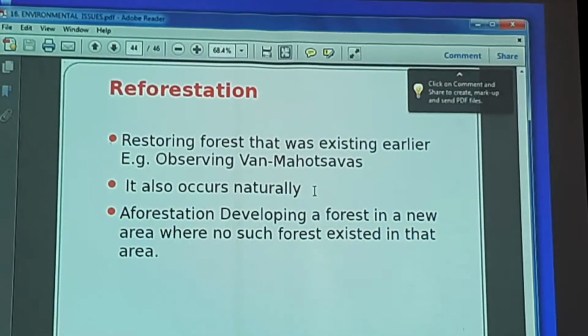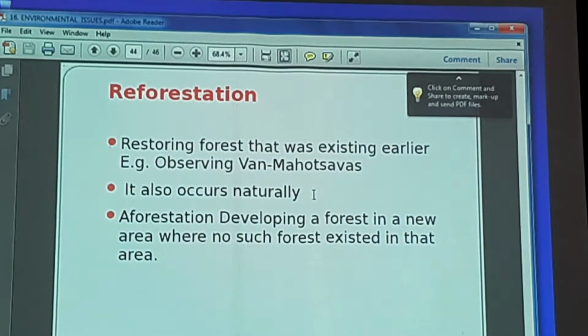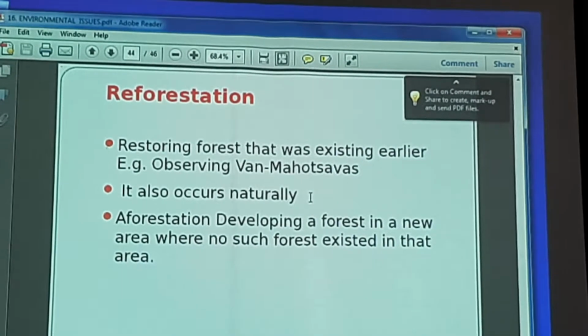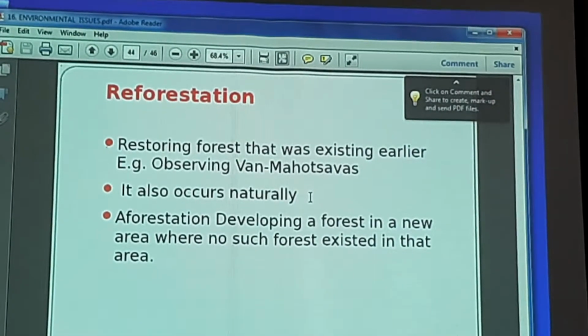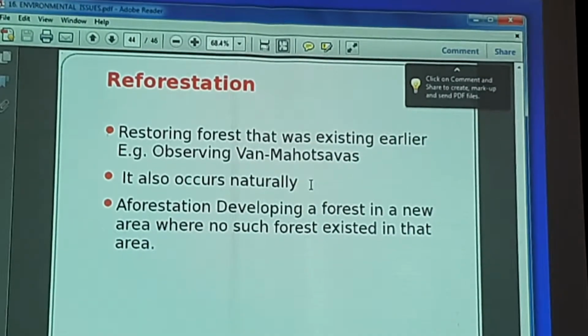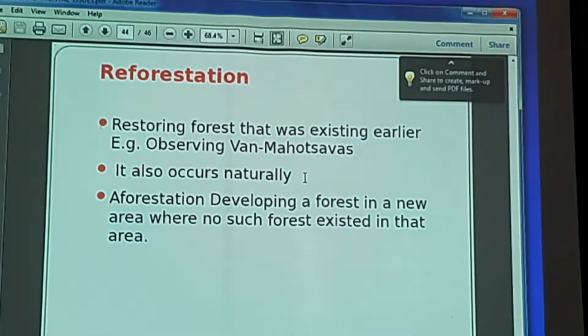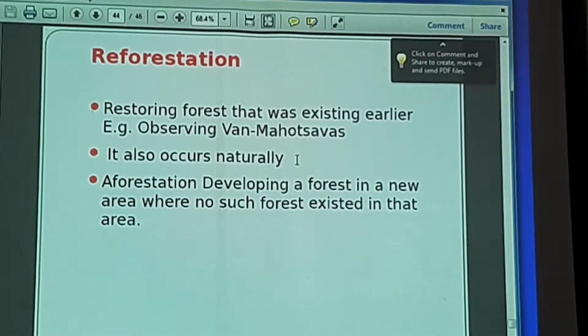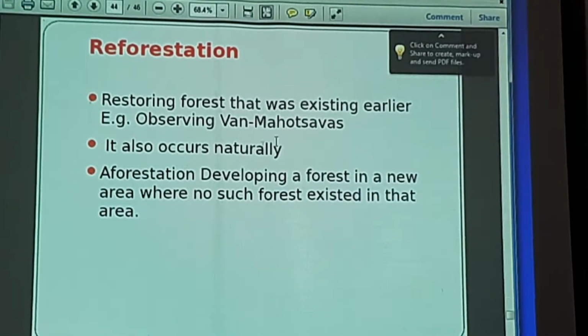Today they don't have time for digging and planting saplings, so they also use this as one of the strategies. It also occurs naturally: without our interference, plant vegetation succession takes place. Afforestation is developing a forest in a new area where no such forest existed.